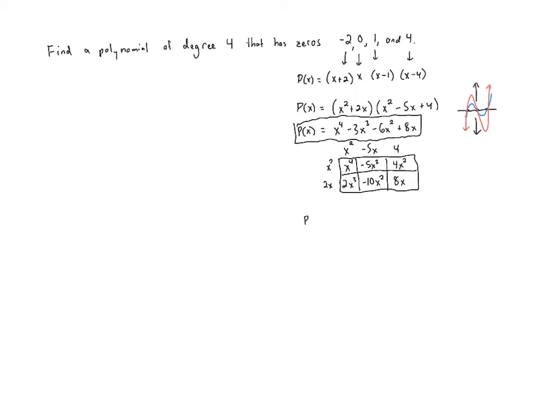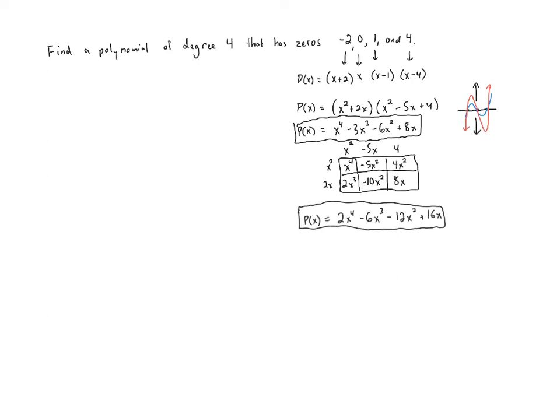And if we did that, stretching by a factor of 2, that gives us 2x to the 4th minus 6x cubed minus 12x squared plus 16x. We could do a vertical stretch or shrink by any factor.